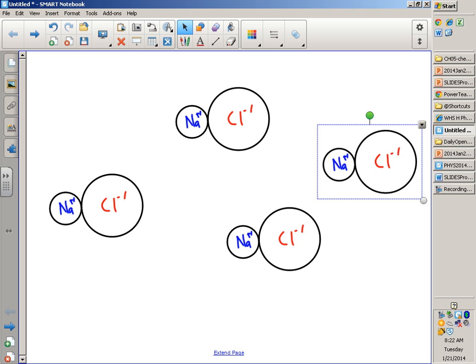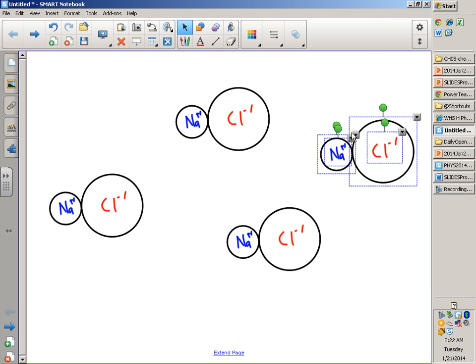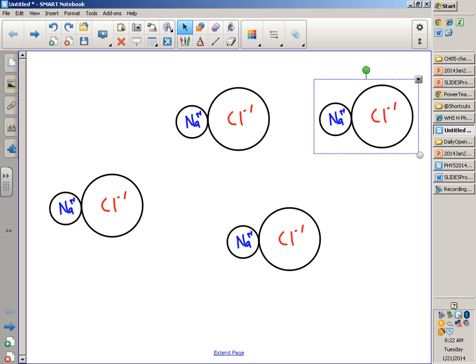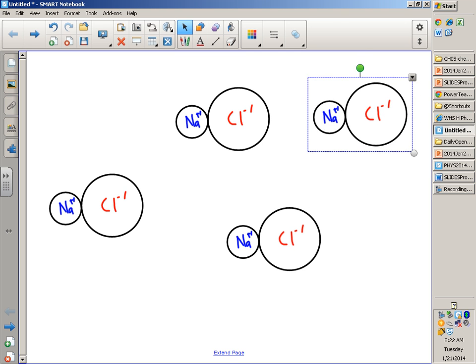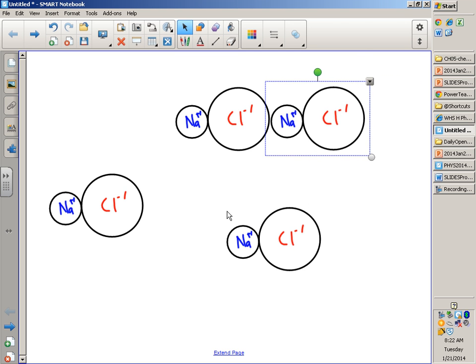So, if this group of sodium and chlorine come together and come closer to this group of sodium and chlorine, while yes, this chlorine here is attracted to this sodium, it's also attracted to this sodium. Why? Because they're both positive charges. Yeah, 1 plus, 1 minus, but that doesn't mean this chlorine loses its negative charge. It will be attracted to all the other positive charges that are out there as well.